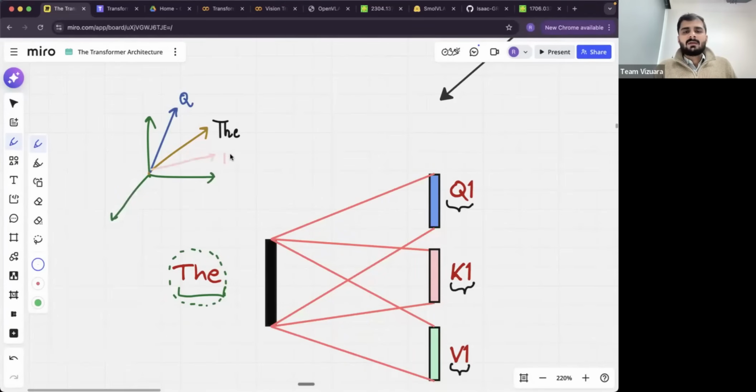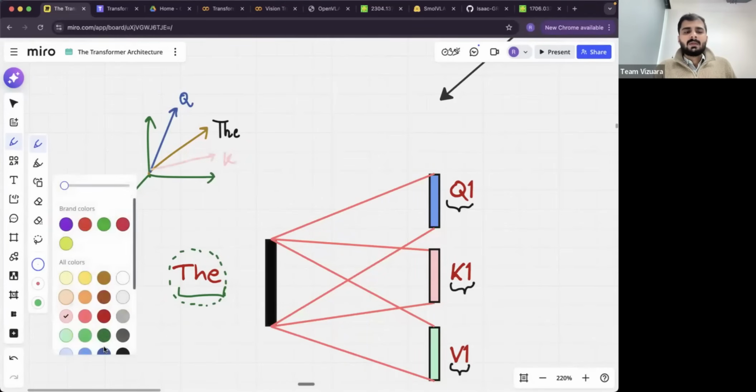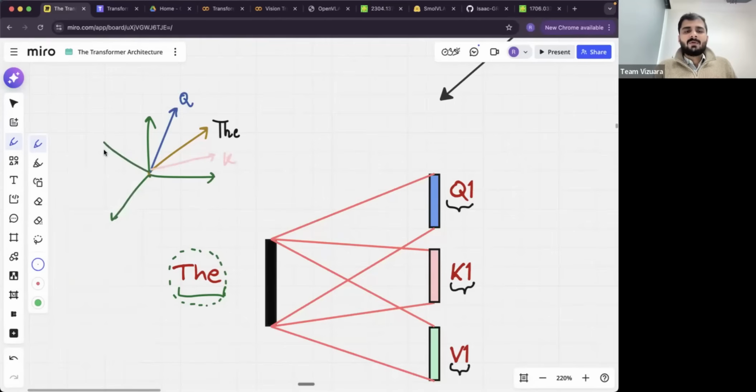This is the key vector. And then we have one more vector, which is the value vector. Now, what do these queries, keys and values exactly mean? This is where the main contribution of the transformer paper comes in, which is the attention mechanism.